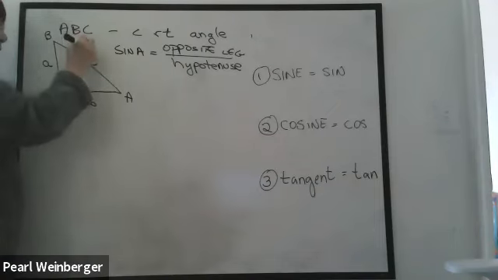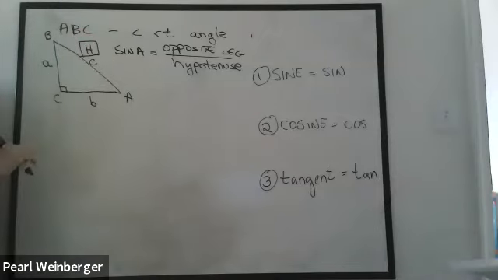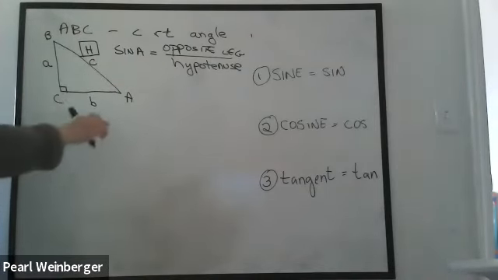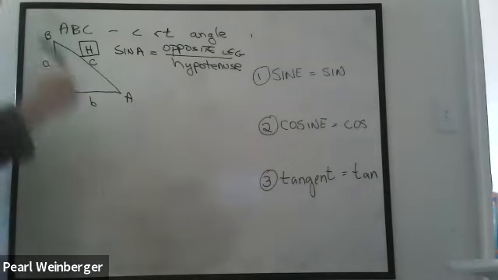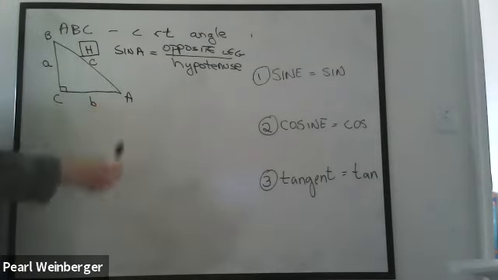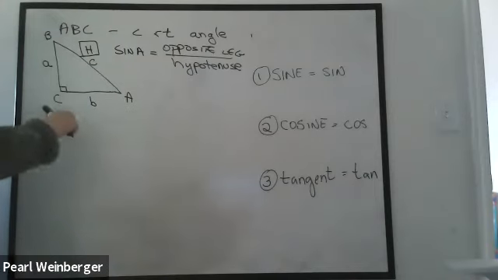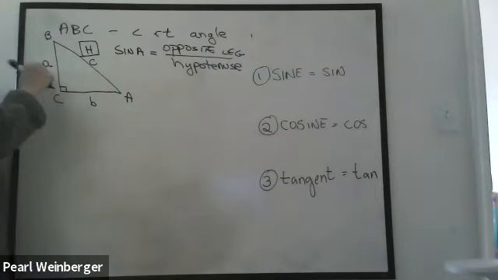I'm going to call it H. I'll put a H with a box. The hypotenuse is the one that's across from the right angle. But the other two sides are legs, and one is across from angle A, and one is next to angle A. The one that's across from it is called the opposite. Let's call it O.